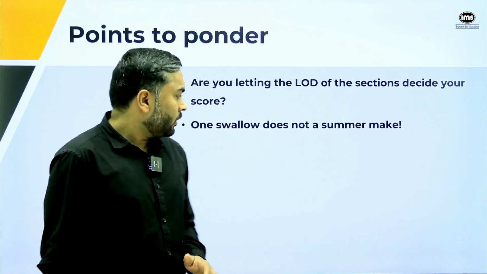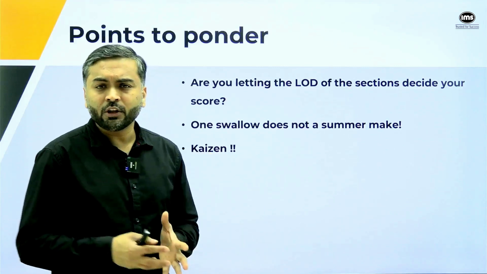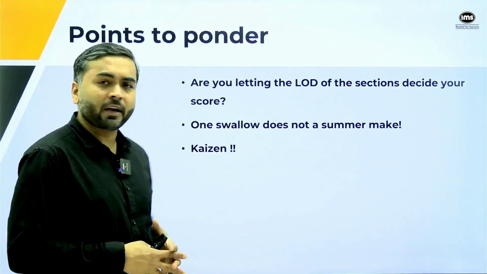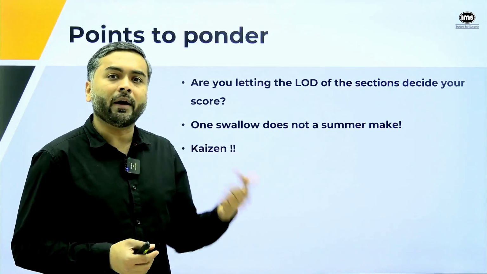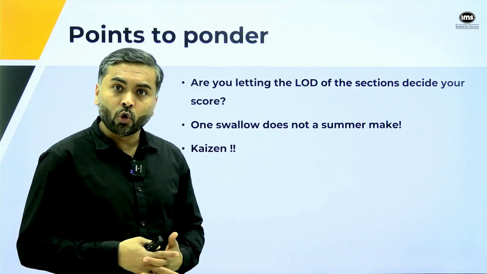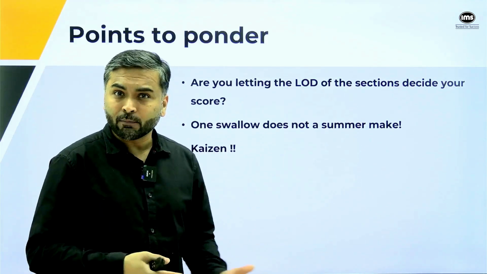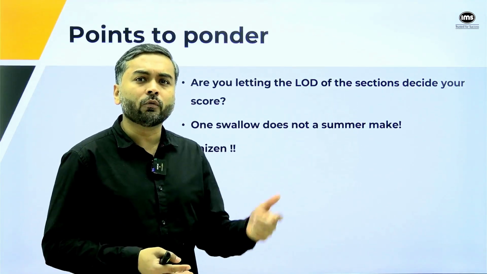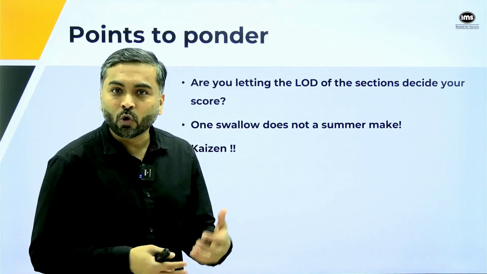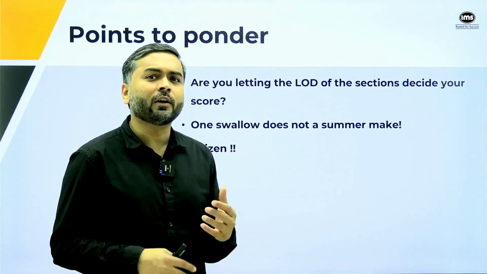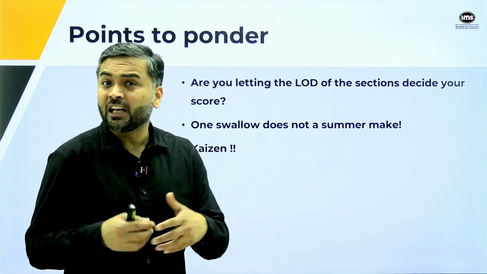Okay? And Kaizen, it's a Japanese term. Kaizen means continuous improvement. If you are scoring 210, 220, 213 in IPMAT Indore, why can't you target scoring 250 and 260? If you are scoring 70, 72 in NPAT, why can't you target scoring 78 and 80, 85 in NPAT?